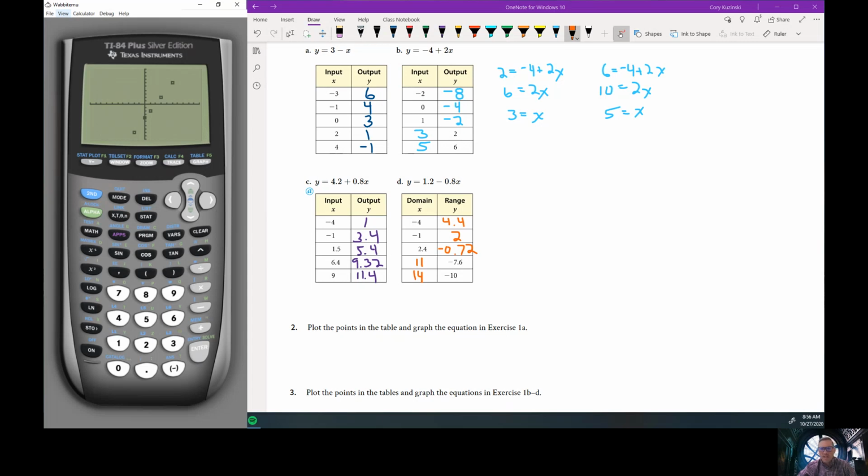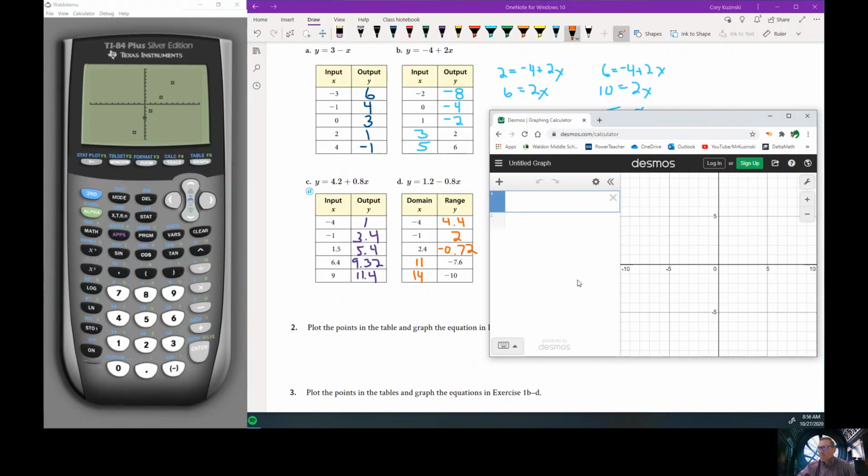All right, I think for the next one, I'll use Desmos.com. So here's Desmos.com. I'm going to hit the plus sign right here, and I'm going to make a table. And I'm going to use -4, -1, 1.5, 6.4, and 9.